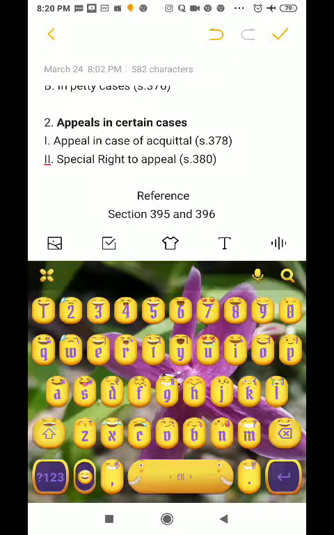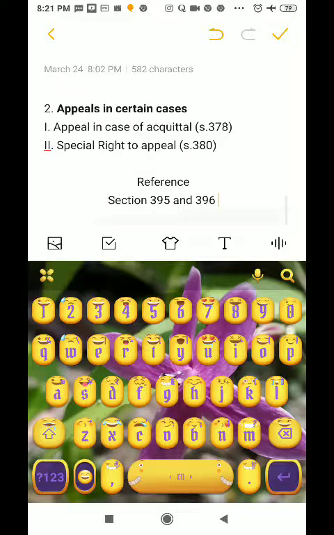So what does section 395 provide? Section 395 says that where any court is satisfied that a case pending before it involves a question as to the validity of any act, ordinance or regulation or of any provision contained in an act, and is of the opinion that such act, ordinance, regulation or provision is invalid or inoperative, then they can raise a question before the higher court to provide an opinion in that regard.